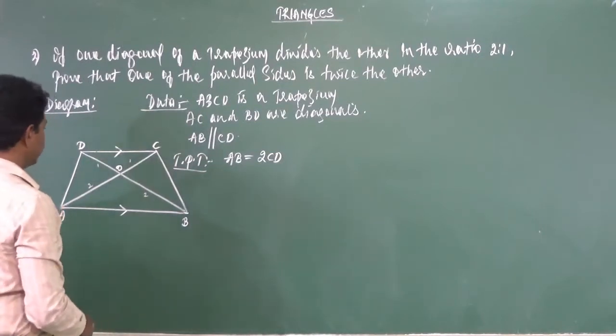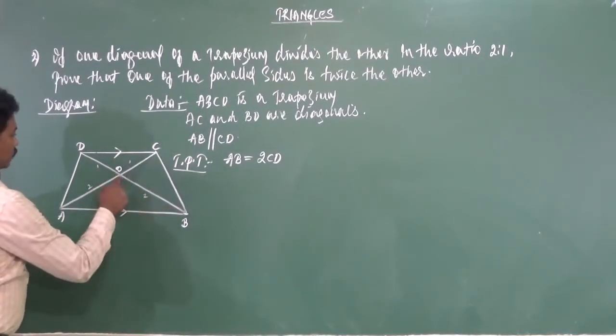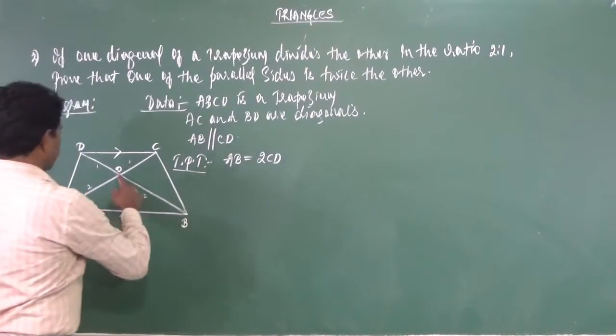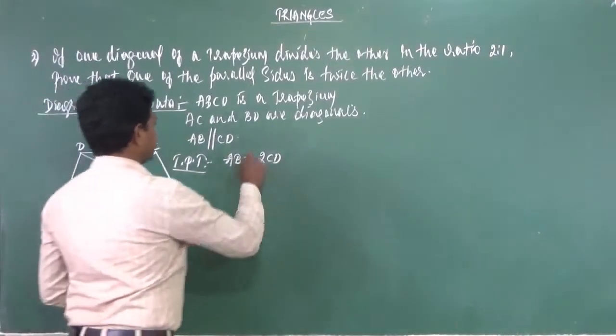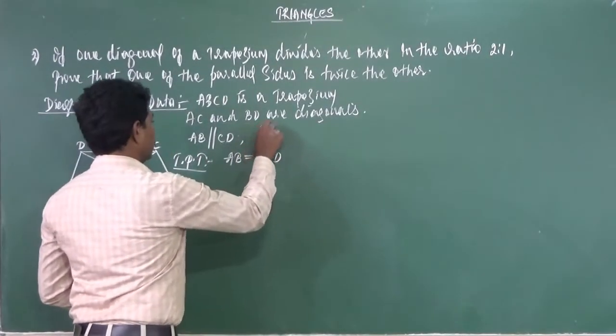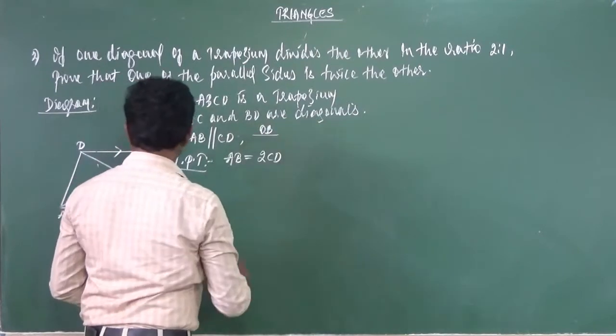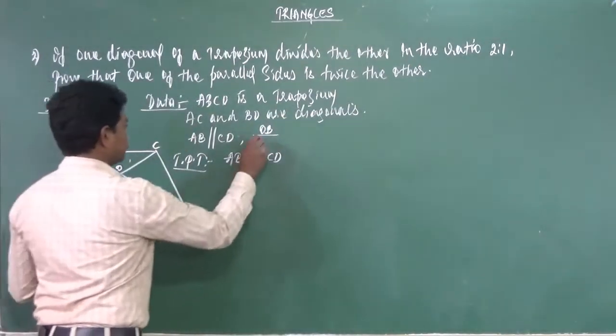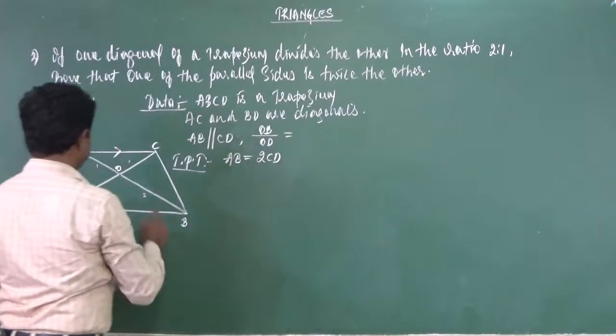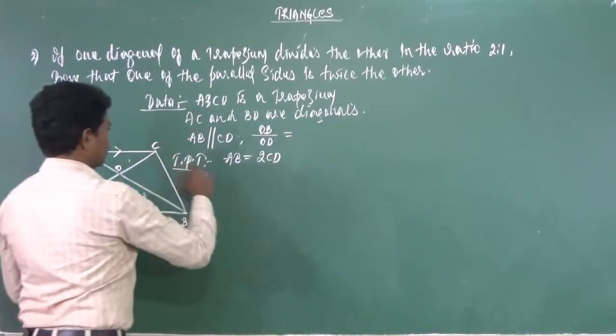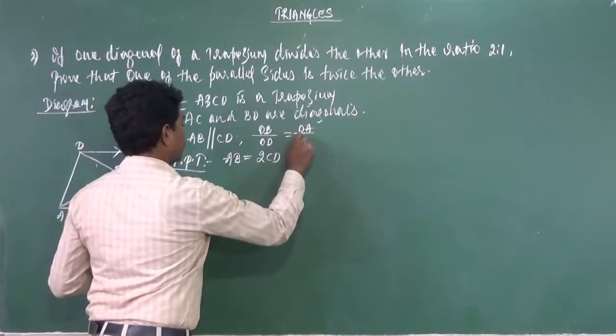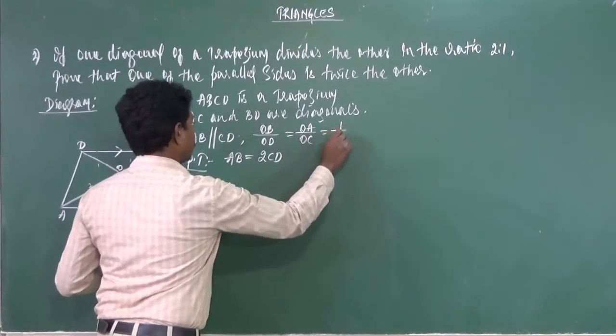So now the ratio is given. OB is to OD or OC is to OA. The data will write this. OB by OD is equal to OA by OC.